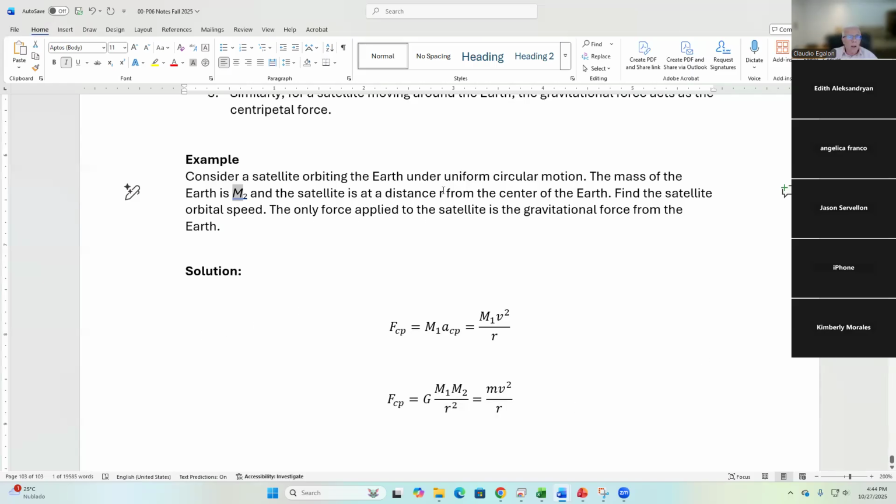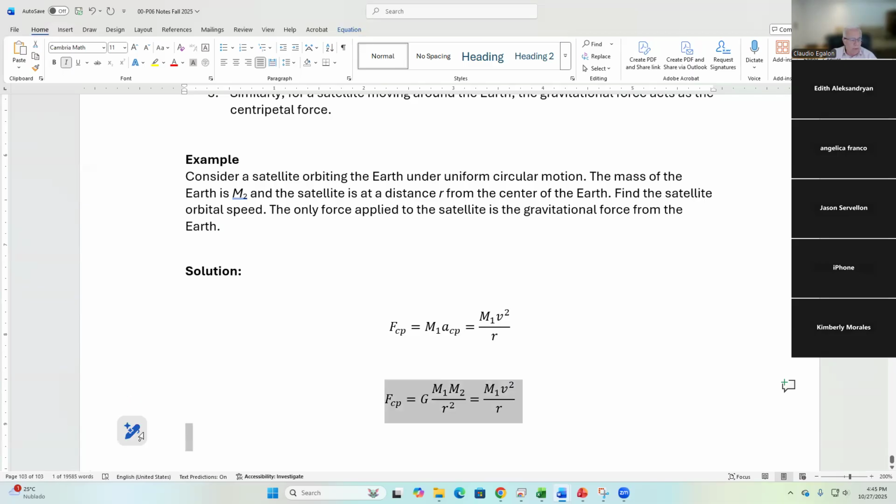So here you go. Radius r, let me put it italicized. And here is going to be M1, right? Note that the M1 is going to cancel out with the M1.